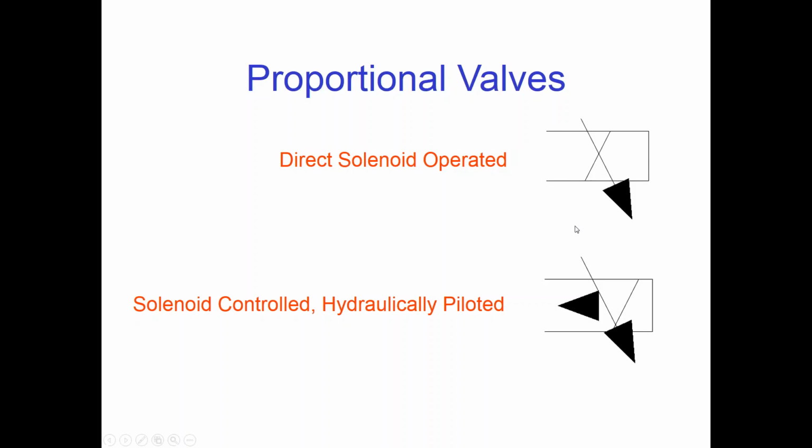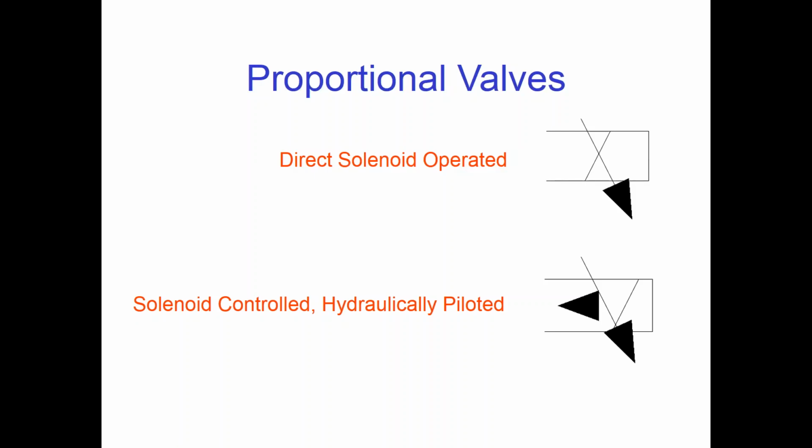And now the two symbols, one, the direct solenoid operated, and the other is the solenoid controlled hydraulically piloted. In other words, a two-stage valve. The direct operating valve has very small ports, and it's only used in very low flow applications.